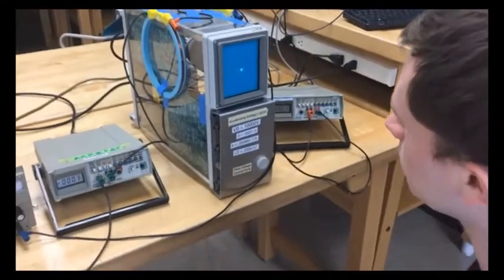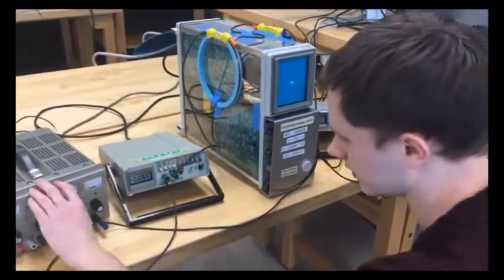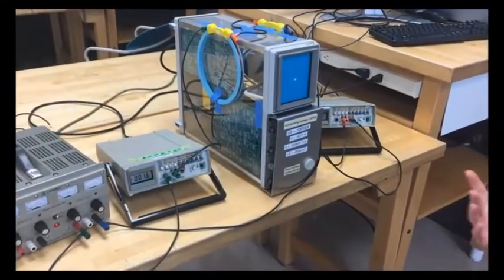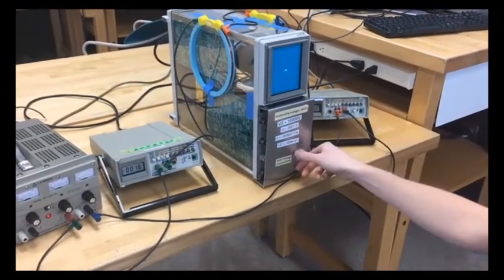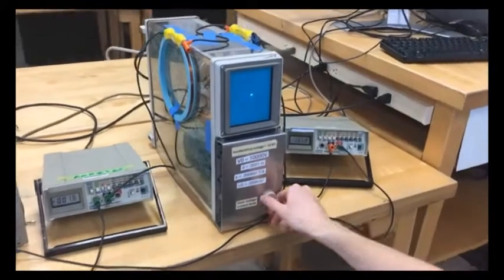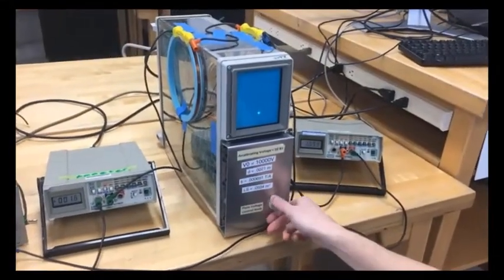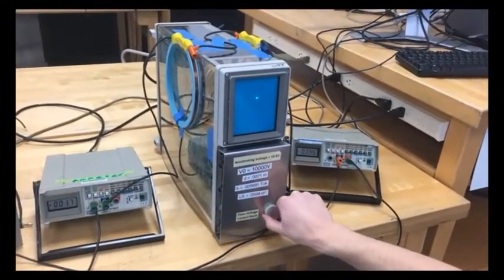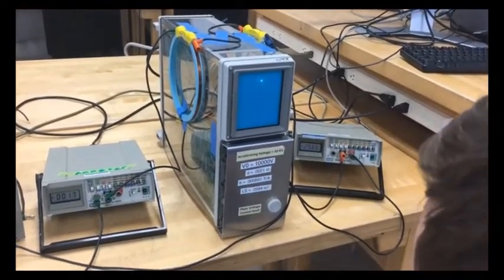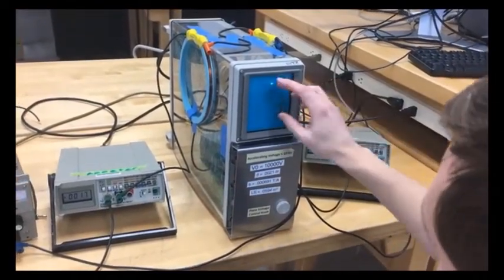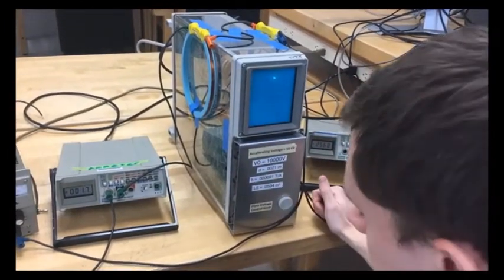That's important because what we're going to do now is turn this on and deflect the beam. If we turn up the voltage, let's see if I'm doing this right. Yep. Turn up the voltage, it deflects it upwards. I turn it up to like 25 volts, it doesn't matter. We just want to know the ratio, so I can pick any value.